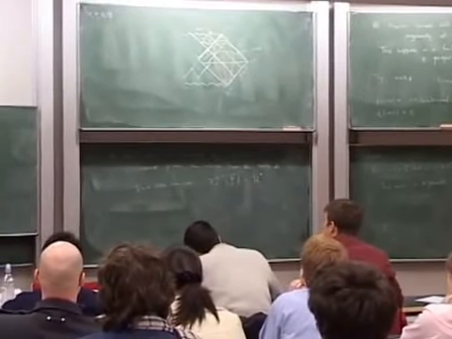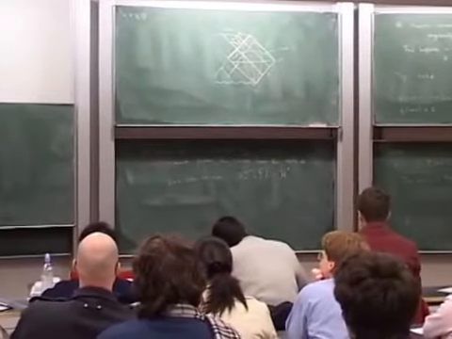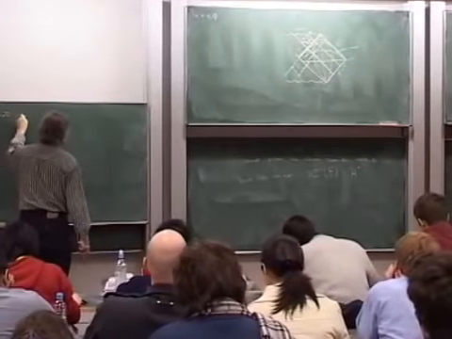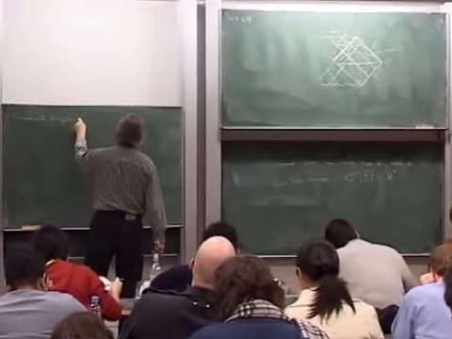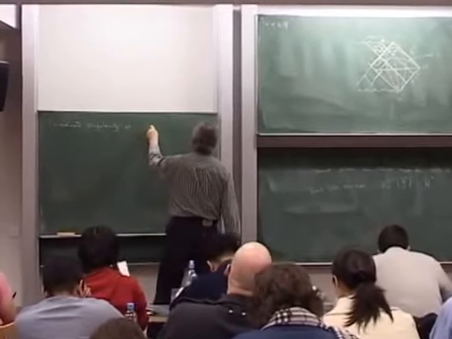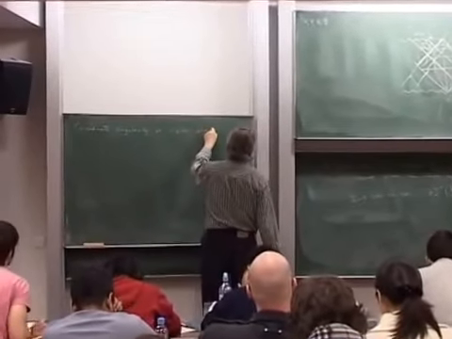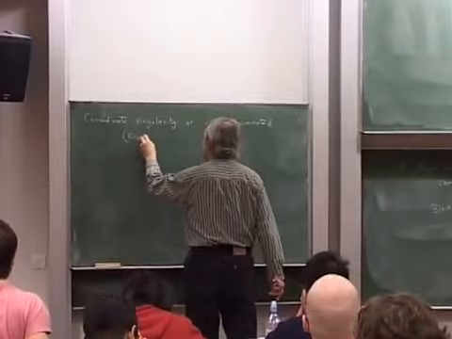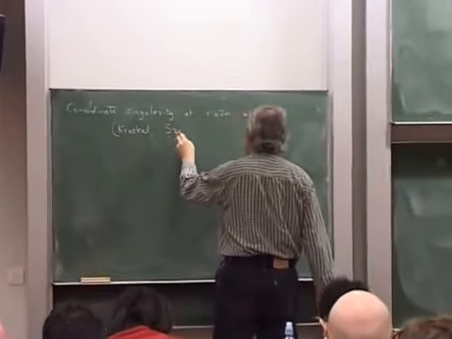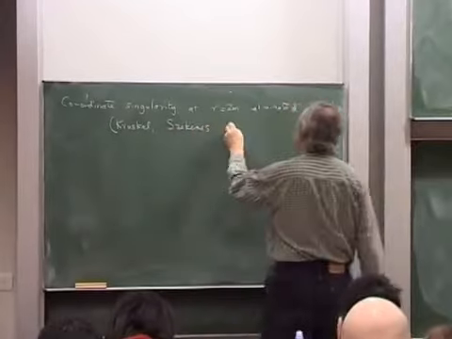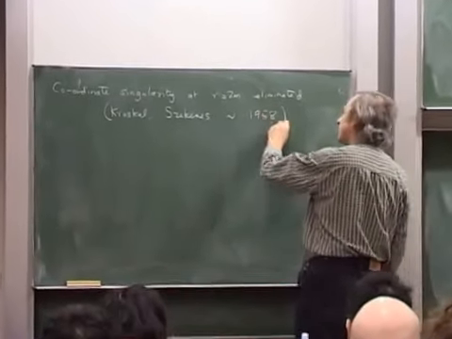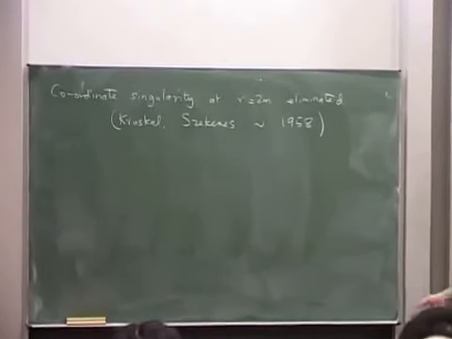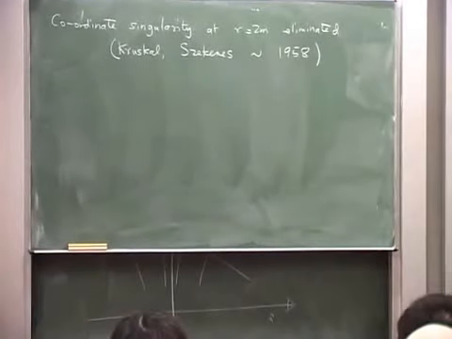The coordinate singularity at r equals 2m here can be eliminated by a technique of Kruskal and independently Szekeres. They were space-like separated from each other, one being in the United States and the other being in Hungary. So it really is independent.